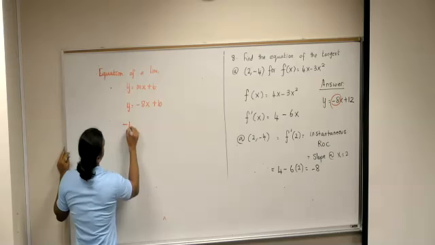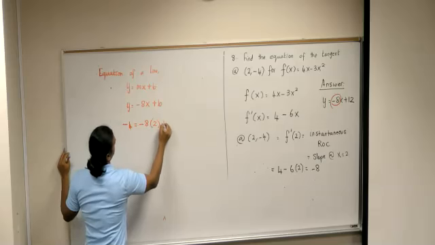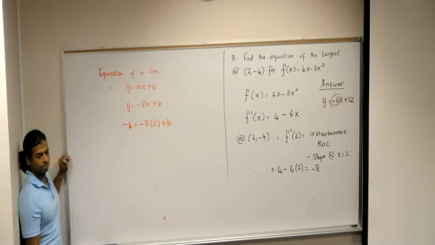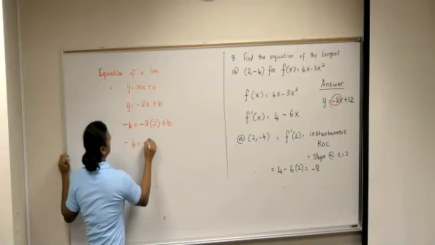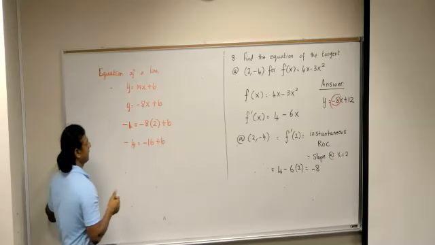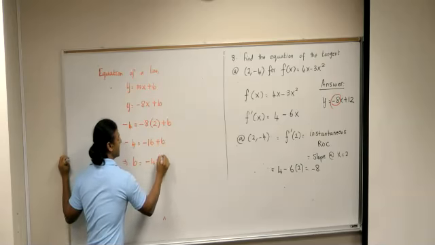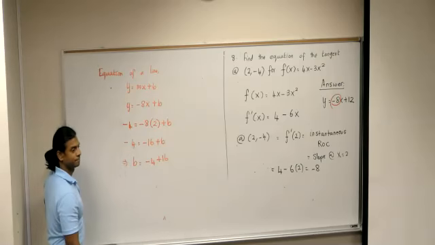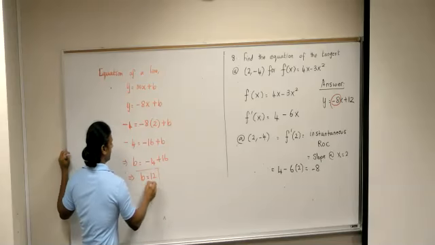So negative 4 is equal to negative 8 times 2 plus b. Negative 4 would equal negative 16 plus b. Move negative 16 to the other side, b would be negative 4 plus 16, which would imply b is 12.